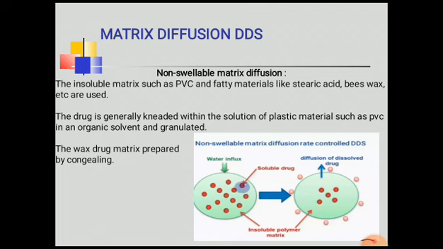How can we formulate it? For this non-soluble matrix, we can take the drug and a solution of PVC, or any plastic material. Both are kneaded vigorously. Kneaded means mixed. Just like mixing two solid particles, here the solution and the drug particles are kneaded and mixed properly, in the presence of an organic solvent, any one type such as ethanol, methanol or benzene.